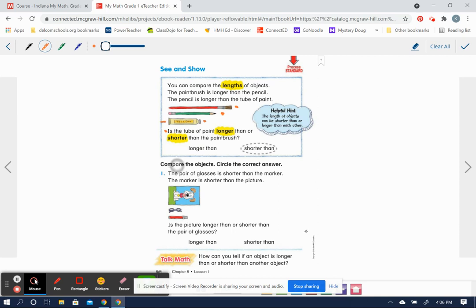So now we're going to compare the tube of paint and the paintbrush. Is this tube of paint longer than the paintbrush, or is it shorter than the paintbrush? Yes, it is shorter, and they've already put a dotted ring around that to help us out. And the helpful hint here says the length of objects can be shorter than or longer than each other.